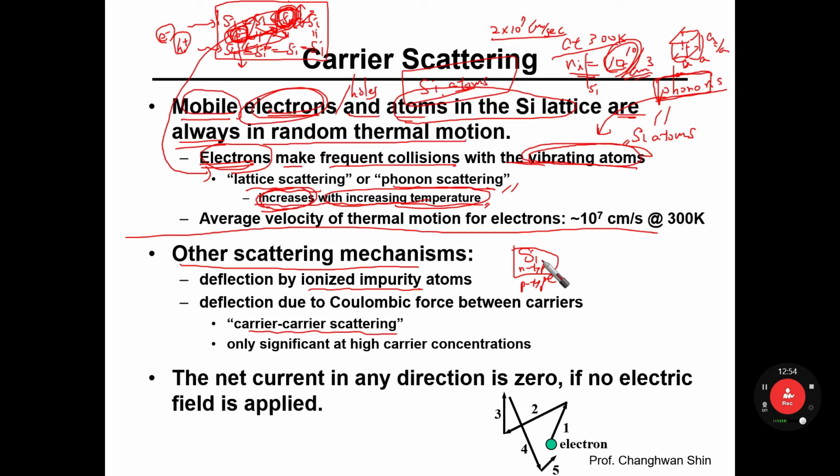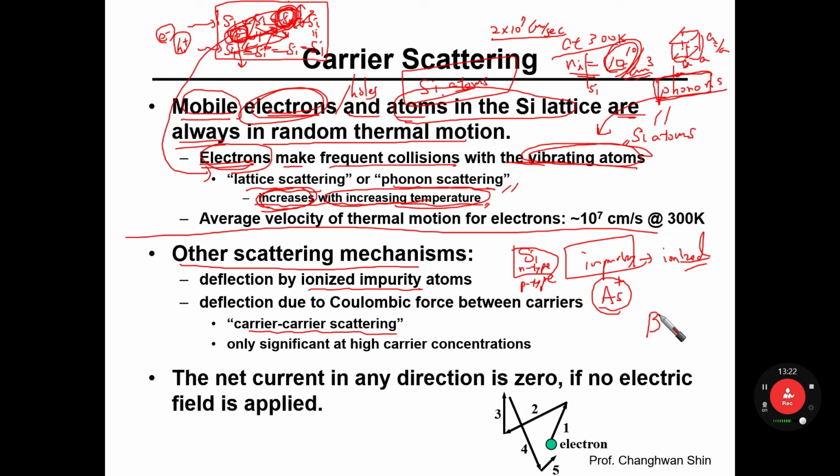Once silicon material is doped with impurities, the impurities, as we have learned, are going to be ionized. Ionized means arsenic is going to donate its fifth electron to the silicon material, so it will become positively ionized, right?